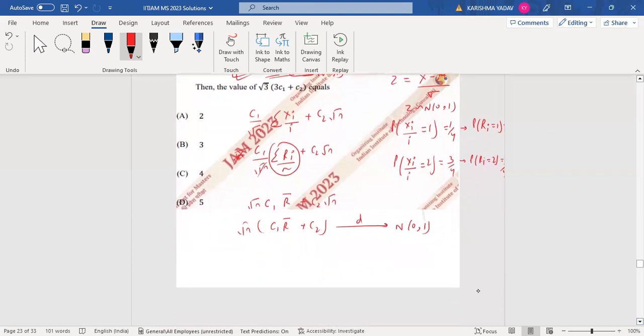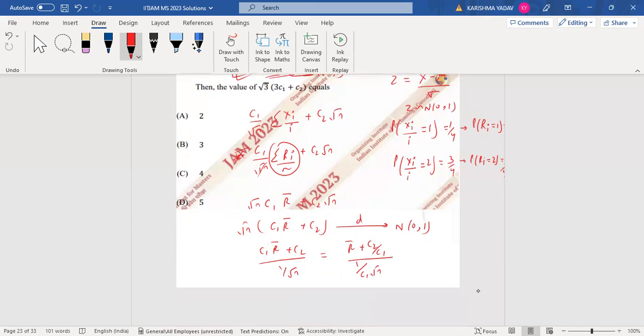Let's simplify it further. It is c1 R bar plus c2 upon 1 by root n, and taking c1 common, we get R bar plus c2 by c1 upon 1 by c1 root n. We have to make the form, and this is the mean.